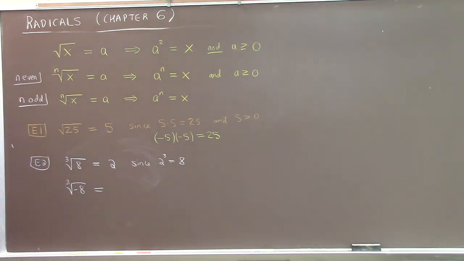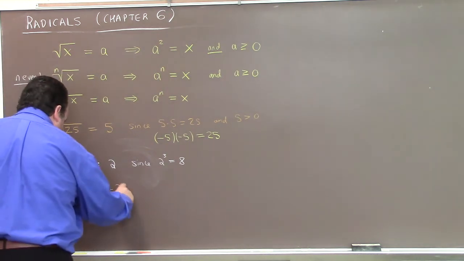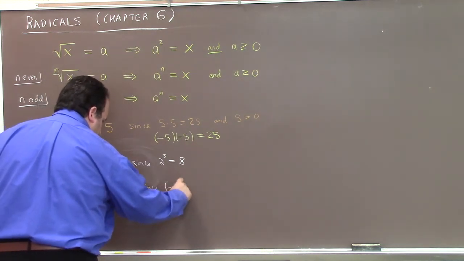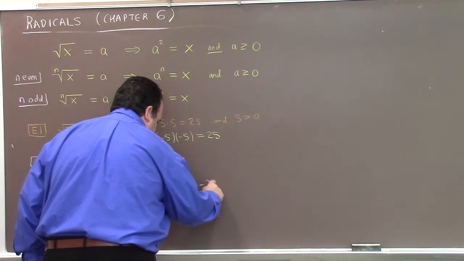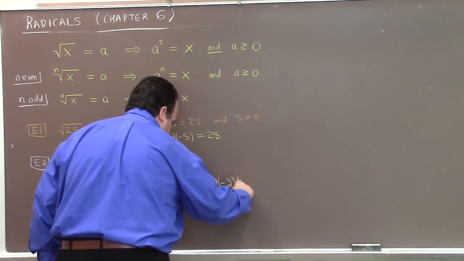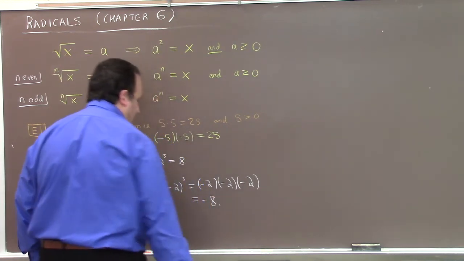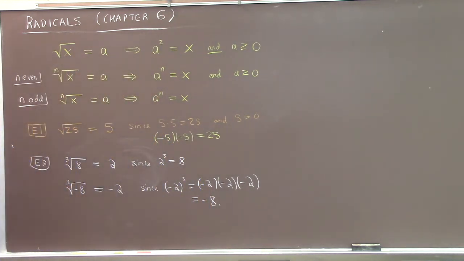And the cube root of minus 8 is negative 2, since minus 2 cubed is minus 2 times minus 2 times minus 2, which is minus 8. So the cube root of a negative number is a negative number.